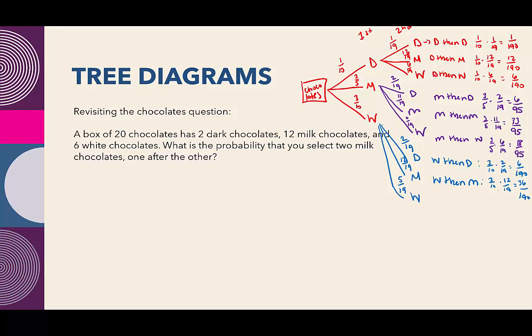The only one, because the 12 and the 10 have a common factor, so we could simplify this to 18 over 95. But again, usually it's fine to just leave it as 36 over 190. And then last, if we have a white, then a second white chocolate, this would be 3 over 10 times 5 over 19, which would be 15 over 190.